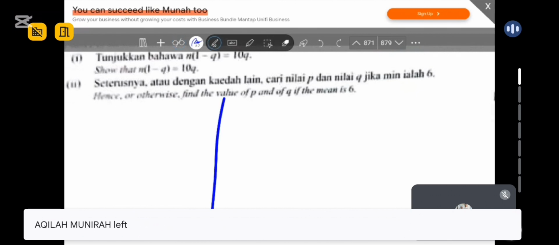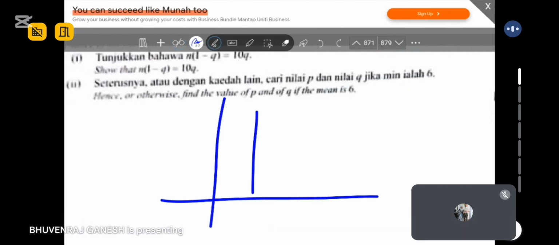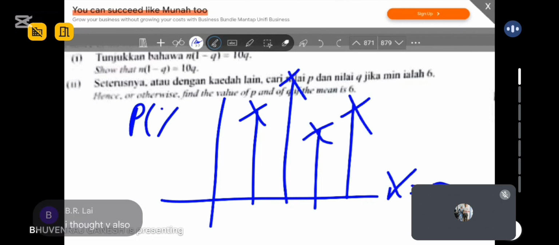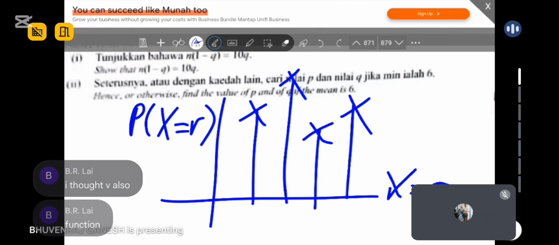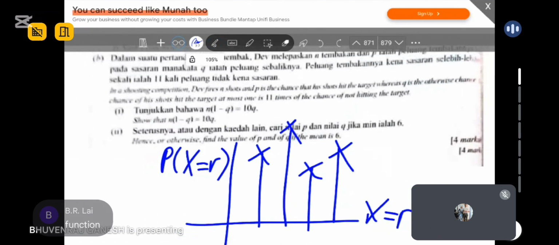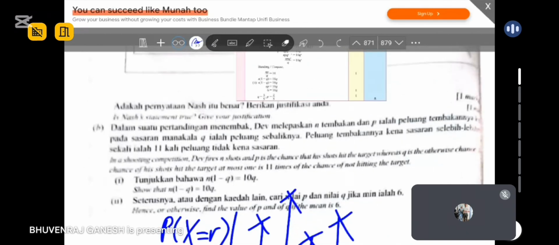Your discrete graph is like this. You will have bars like this. Have you all seen, guys? Your discrete graph will be something like this: X equal to r, P(X equal to r). This is your binomial graph. Okay, guys? Next question.